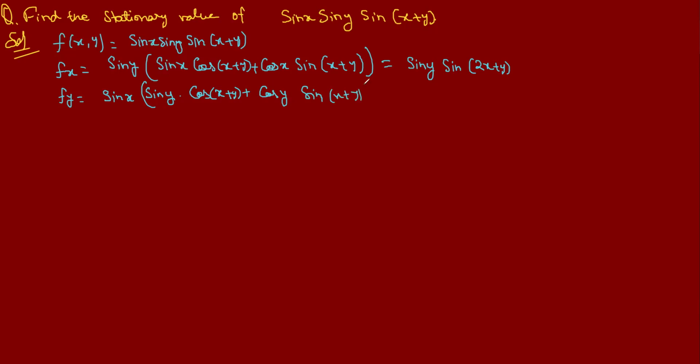This is also in the above form: sin(2y plus x). For stationary points, put both equal to 0.